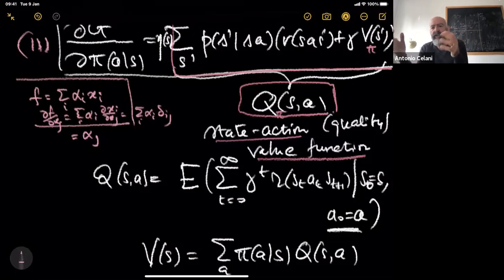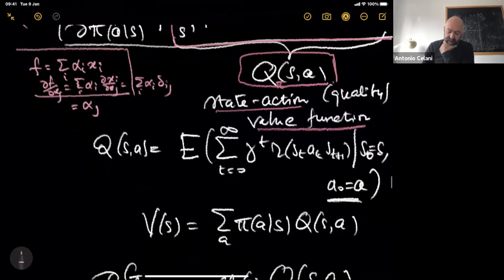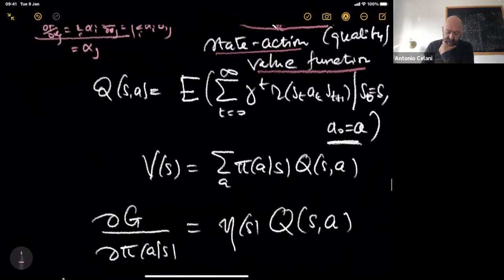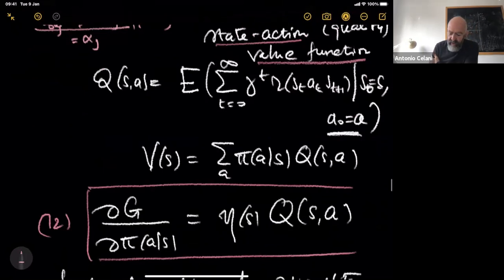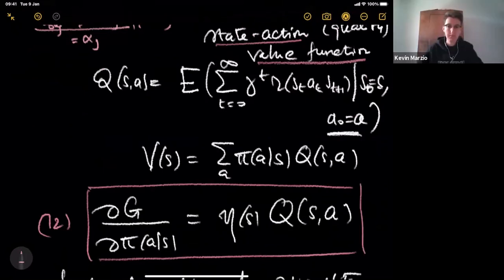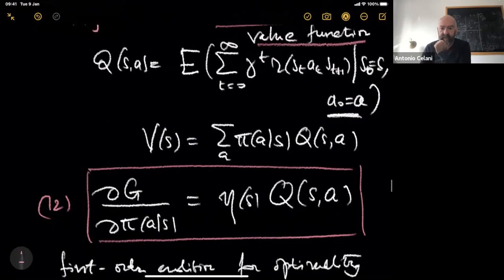It also depends on the actions that you will take in the future, and these are determined by the policy. So eventually we come up with our equation 12, which tells us there is a very compact expression for this object, which is just this one.